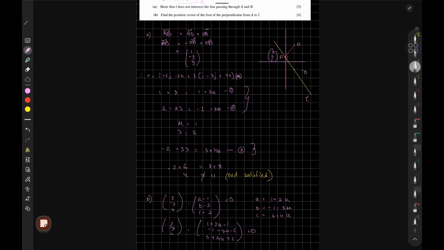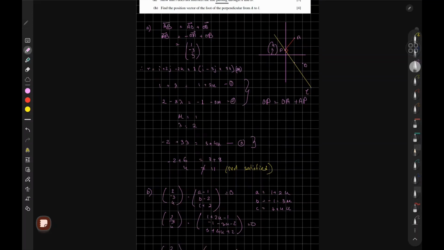Right. So if you want the breakdown for this, basically OP is OA plus AP. And since we want AP, we are going to make that the subject. AP is OP minus OA. Right.